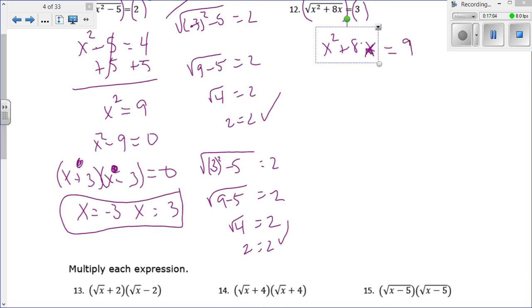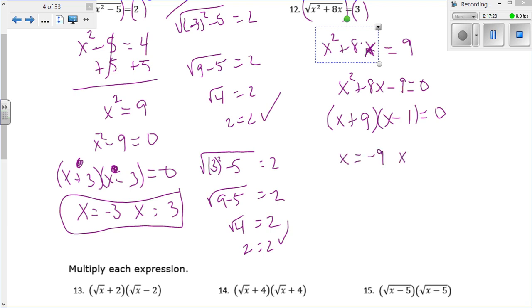So subtract the 9 from both sides. And then we'll have to factor. Factors of 9 that subtract to give us our 8 are 9 and 1. Plus 9 minus 1. So x equals negative 9. And x equals 1.